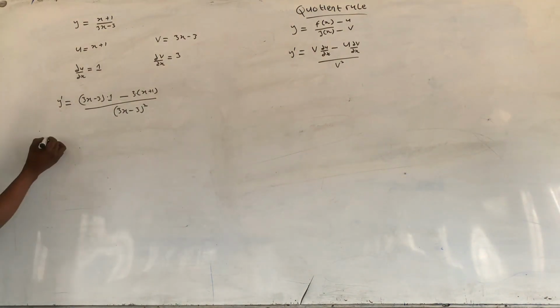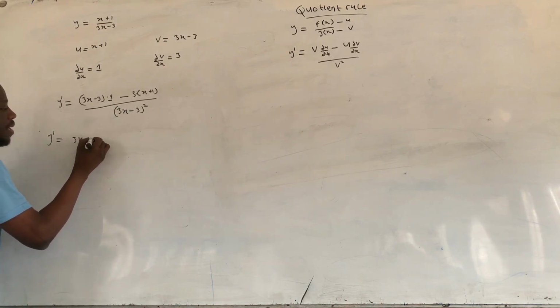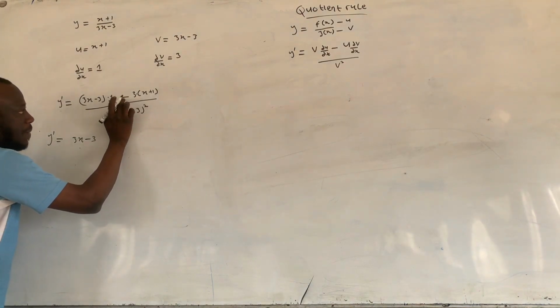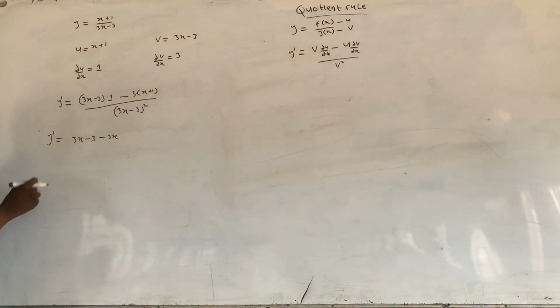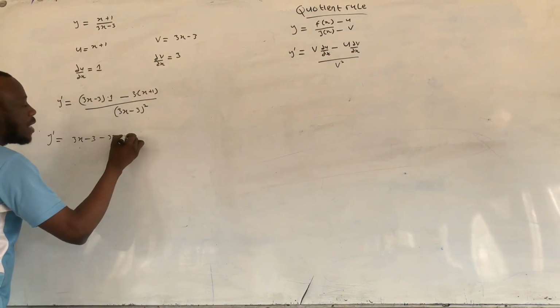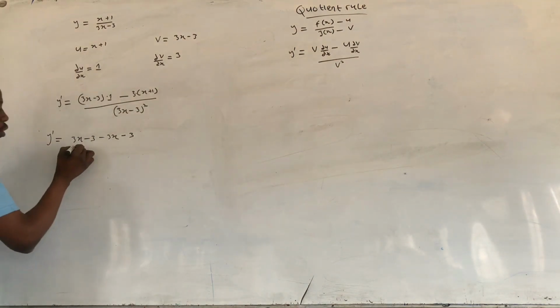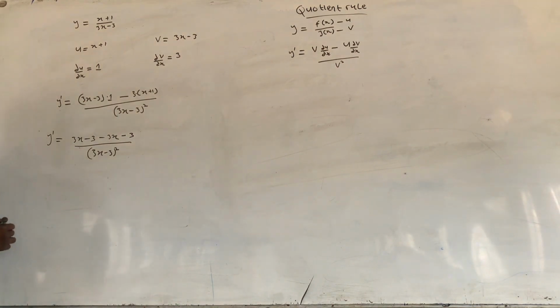So, y prime is equal to, we open this bracket, 3x minus 3, minus 3 times x plus 1, all over 3x minus 3 squared.